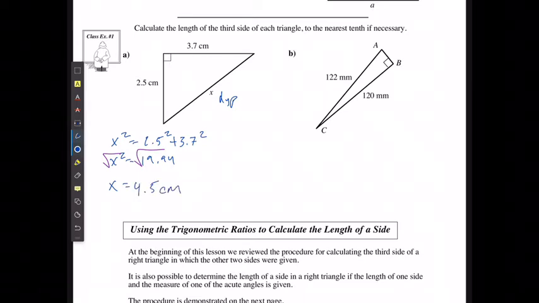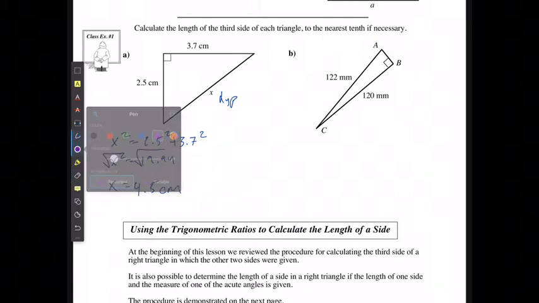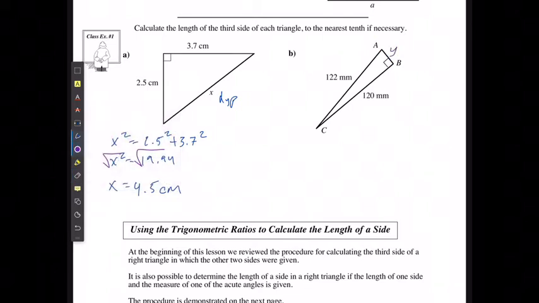4.5 centimeters. In the second case, if I'm trying to solve the third side length, here I have side length AB. I'm going to call this, for our purposes, y. This is obviously not the hypotenuse, which means that y squared is going to equal the hypotenuse squared minus the other side length squared.